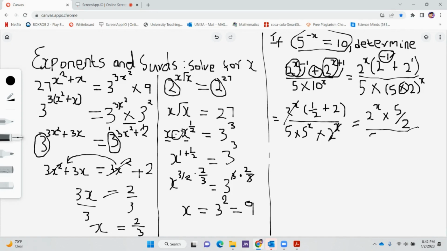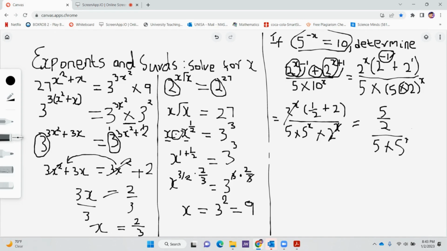And then we have 5. Okay, we no longer have 2 to the power of x here. So the numerator is half plus a 2, which is 5 over 2. Then the denominator is 5 multiplied by 5 to the power of x.